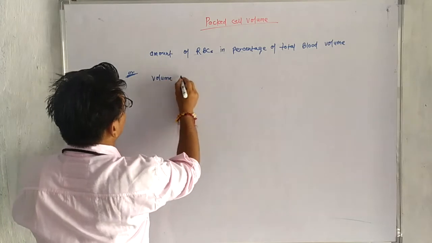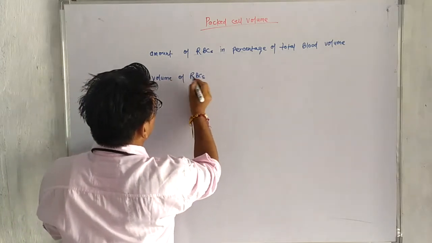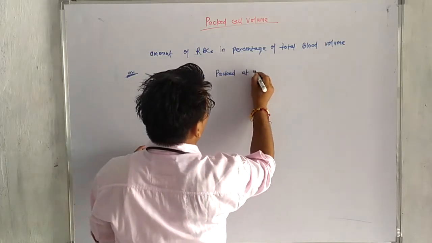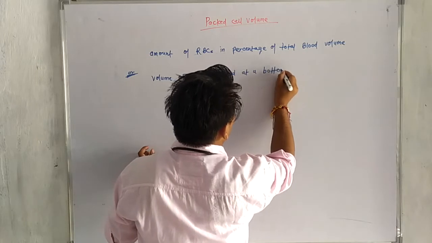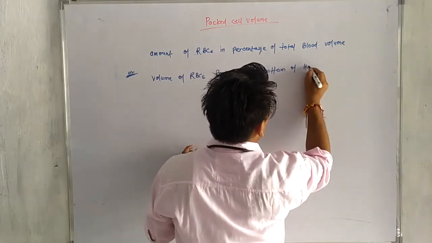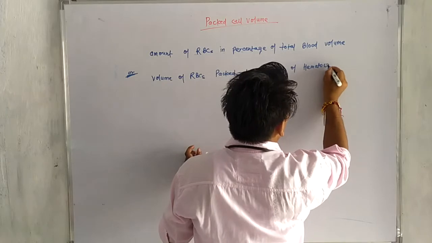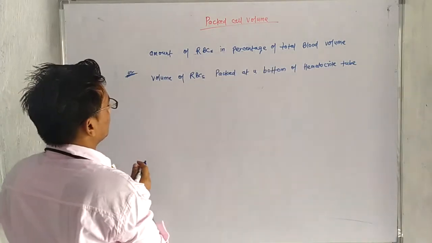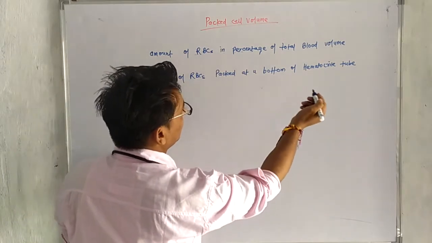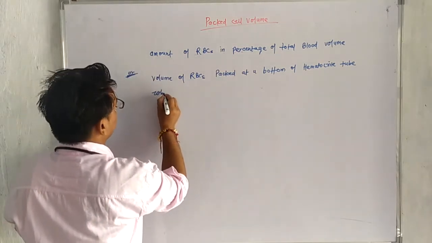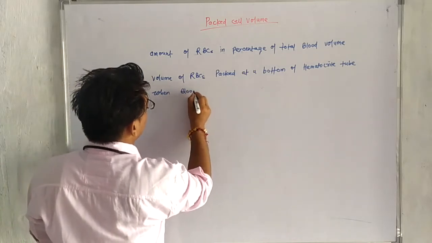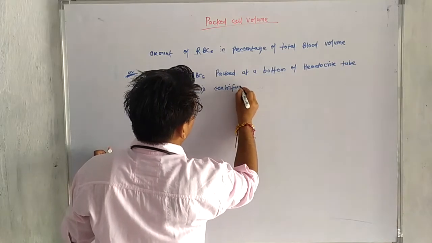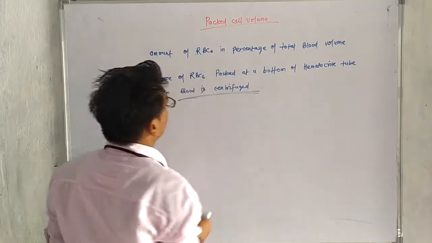Volume of RBC packed at the bottom of hematocrit tube when the blood is centrifuged.